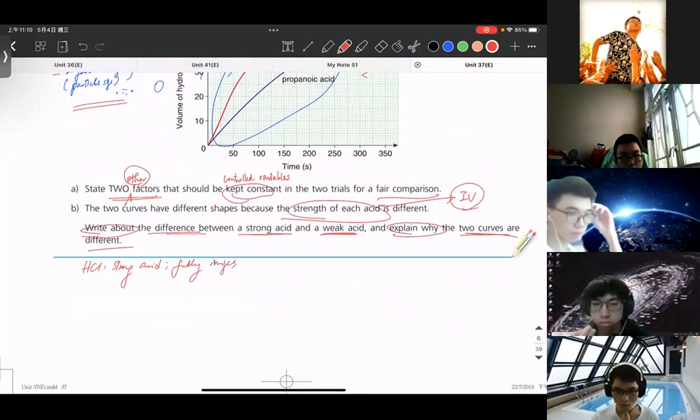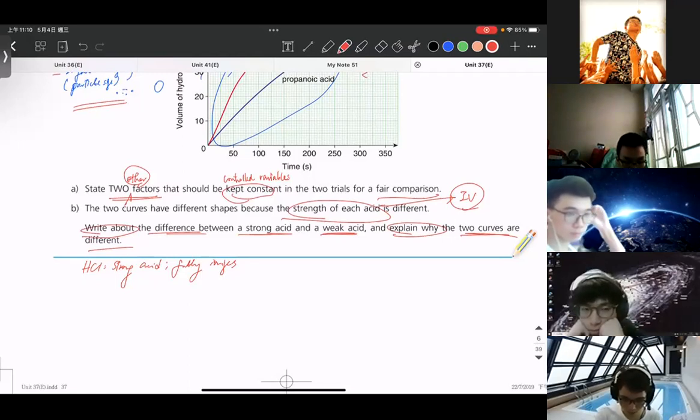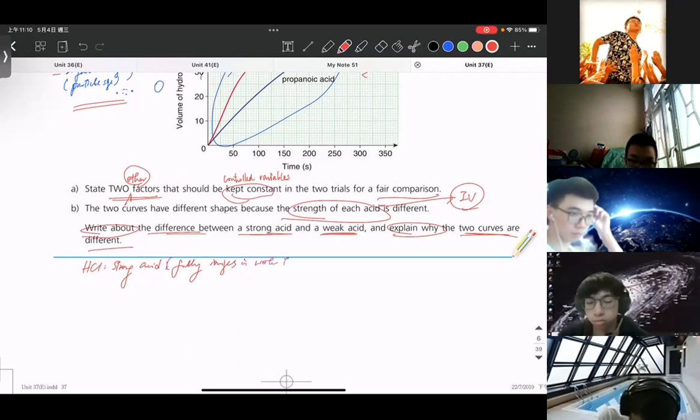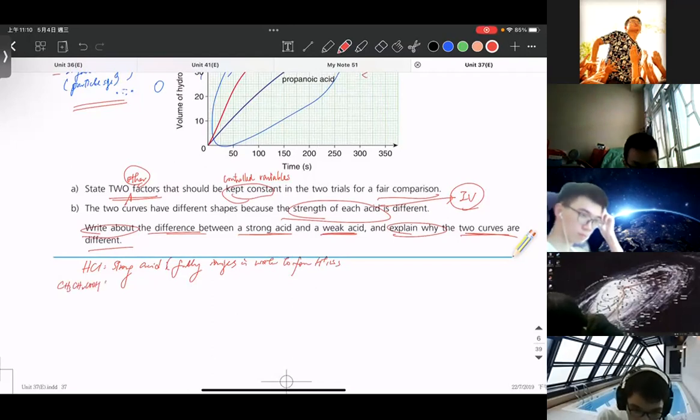Correct. Okay, quite nice. So we have got to the explanation in acid and alkali, right? Go back to that chapter, acid and alkali. So you just mentioned HCl being a strong acid, which means that it fully ionizes in water to form hydrogen ions, while the other is the weak acid, propanoic acid, with formula CH3CH2COOH, being a weak acid.